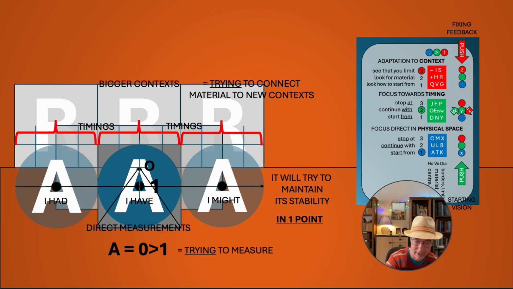And in the past it is related to what I had, in the present it is related to what I have, and in the future it is related to what I might have. All with the letter A, but all in a different sense also how it connects in I might.